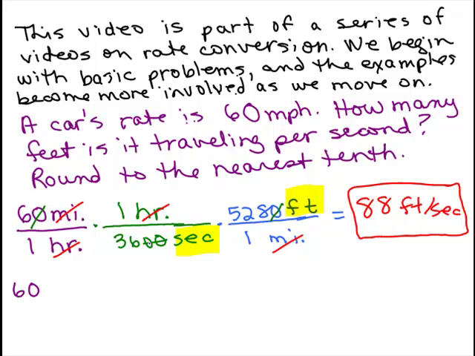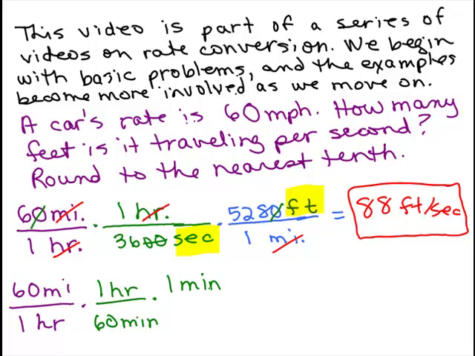Okay, let me go over just a slight difference in how you could have done this if you didn't know that 1 hour is 3,600 seconds. You could have started out the same way here, but instead of writing 1 hour equals 3,600 seconds, you could have first said that 1 hour is the same thing as 60 minutes, and then written 1 minute is the same as 60 seconds, and then still done this 5,280 feet is the same as 1 mile.